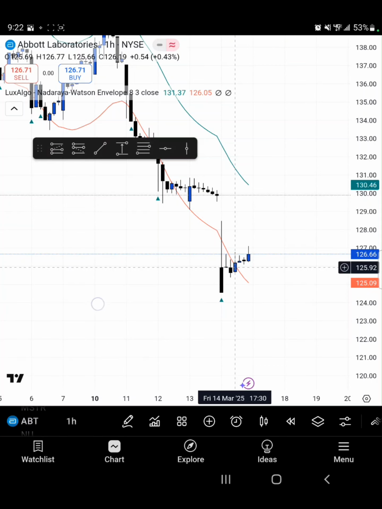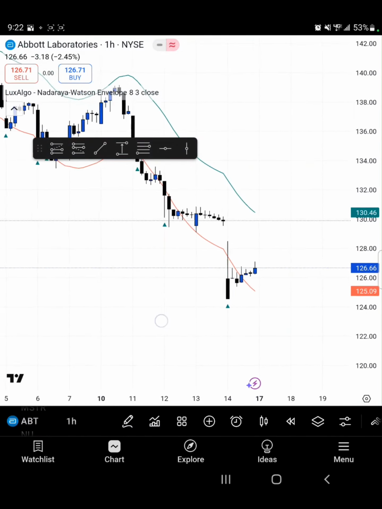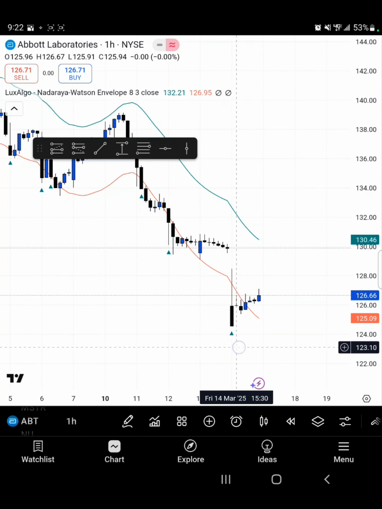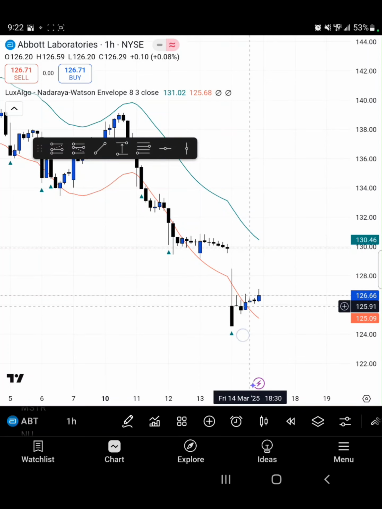I'm using the 1 hour time frame to trade this strategy. It's the 1 hour time frame that works best. So after you get a green or blue candle, that is a bullish candle, you're going to buy your calls here after this candle closes, showing that buyers are in the market.